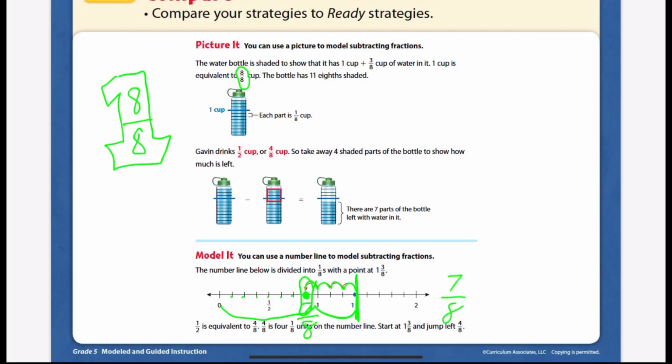Right? That's how much is left. And that's what we did. 1/2 is equivalent to 4/8. 4/8 is 4 1/8 on the number line. Start at 1 3/8 and jump left 4/8, and that's what we did. We started at that mixed number, 1 3/8, and then we jumped back 4/8, or the 1/2.